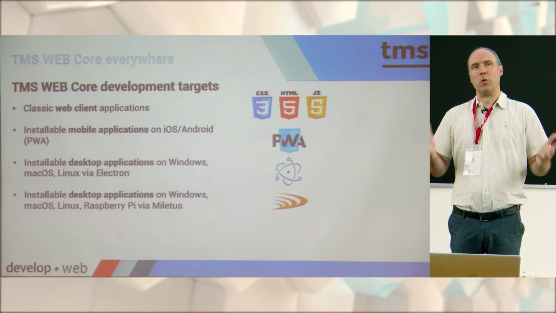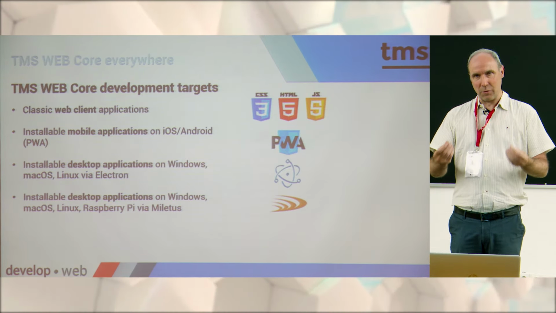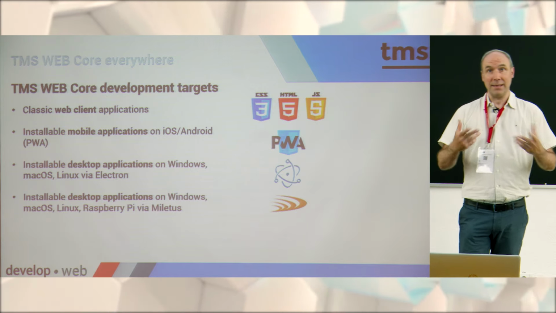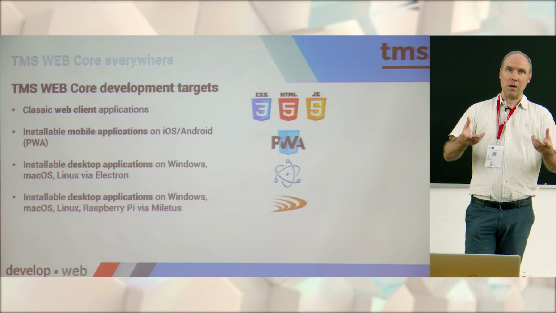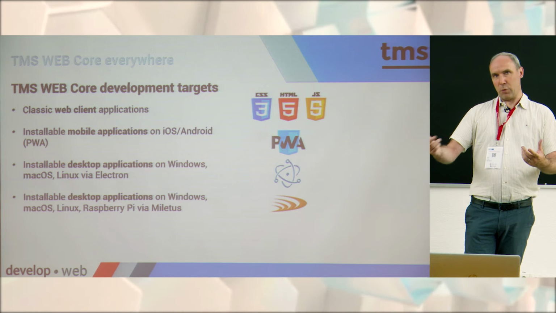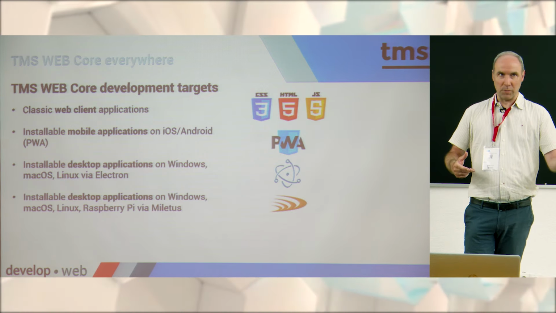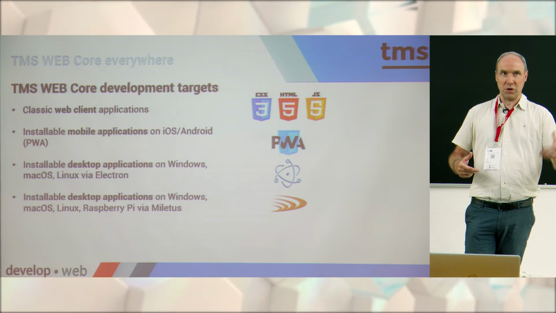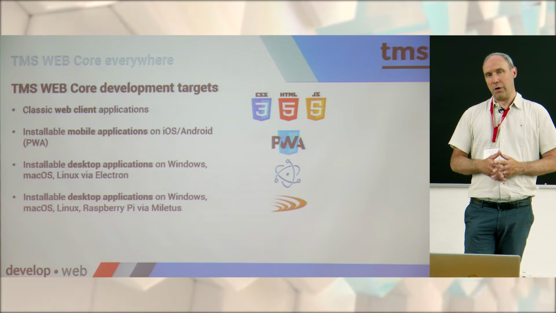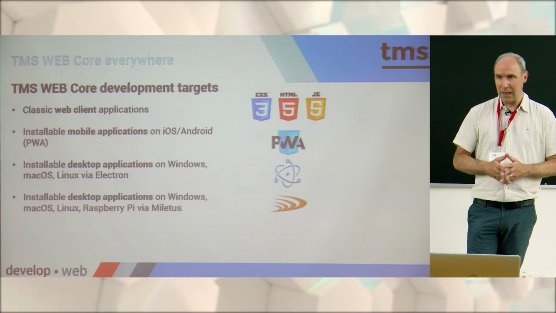If your web application meets these requirements, it means that you will be able to install this web client application on the device. That is supported by Android, that is supported by iOS. It is also supported by desktop browsers such as Chrome, the Edge Chromium browser from Microsoft, and also Firefox.